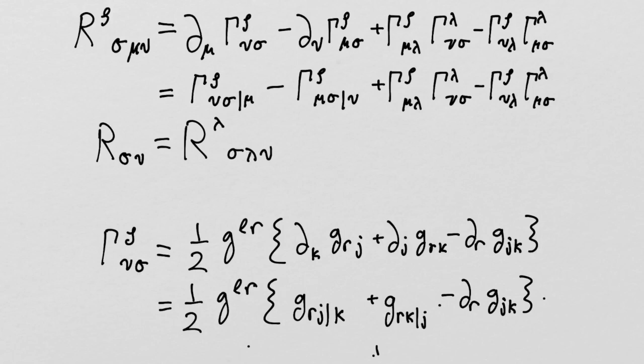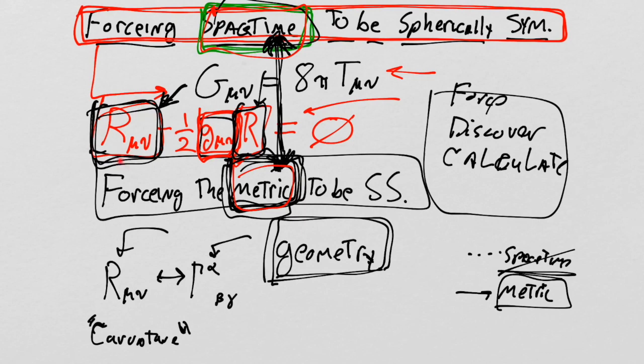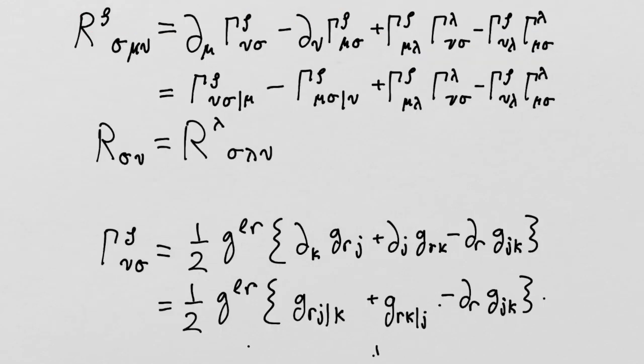So I contract on these two indices together, lambda and lambda, and then I get the Ricci tensor, which is what is on the left-hand side of the Einstein equation. It's buried here in the Einstein tensor. The Einstein tensor is literally defined by this. In case you don't remember from last lecture, G mu nu equals this Ricci tensor minus 1/2 the metric times this curvature scalar.